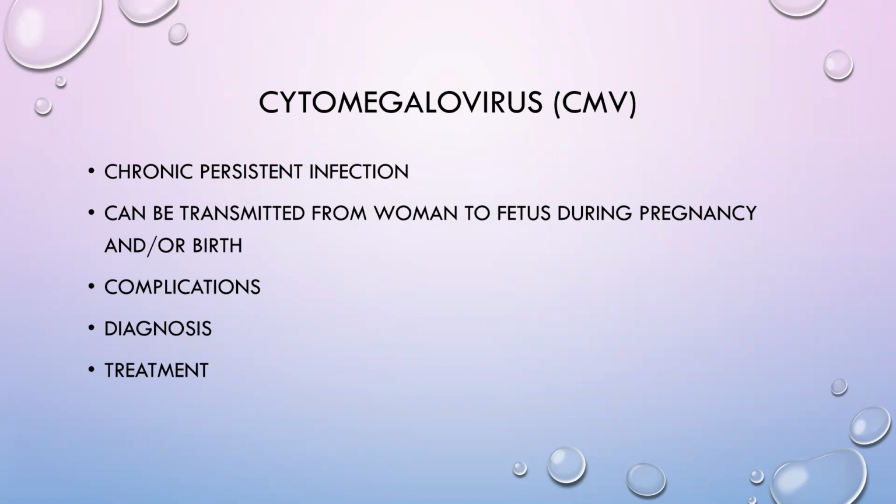Infection with the CMV virus for the fetus can lead to congenital cataracts, deafness, congenital heart defects, intellectual disabilities, cerebral palsy. And prevention for this is vaccination prior to pregnancy.